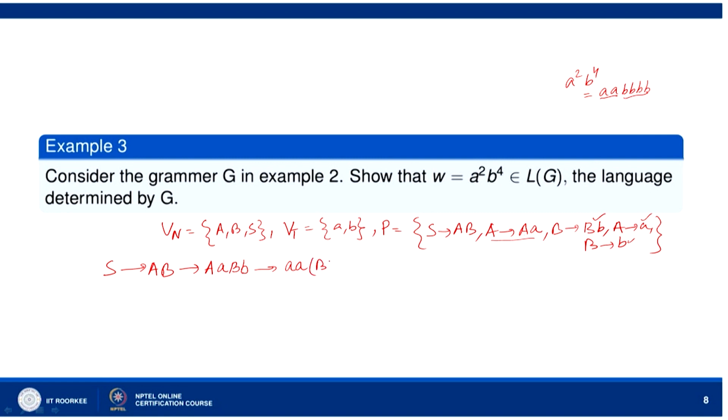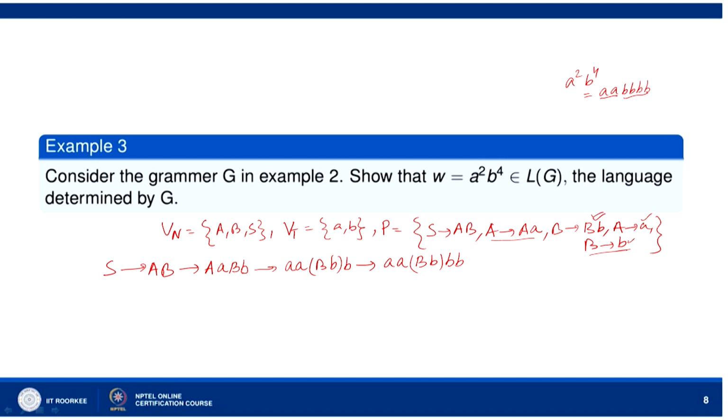So, bbB. Now, here if you replace this B using this production rule B goes to b, we will have only 3 b's. So, we again use this production rule B goes to bB and we will have aa, bbbB.